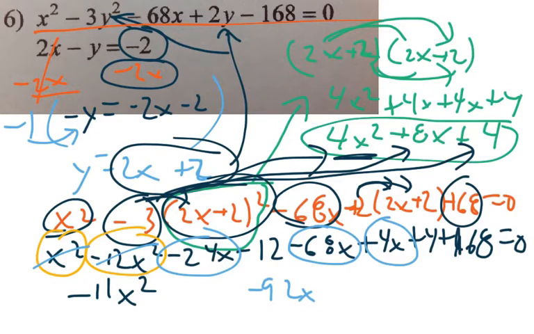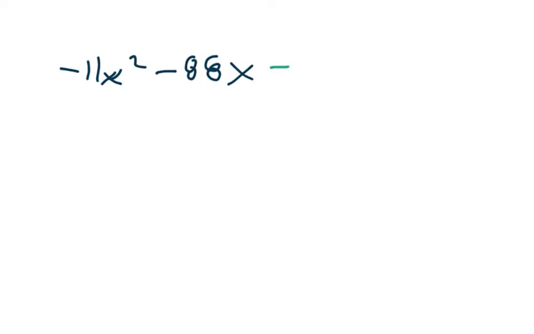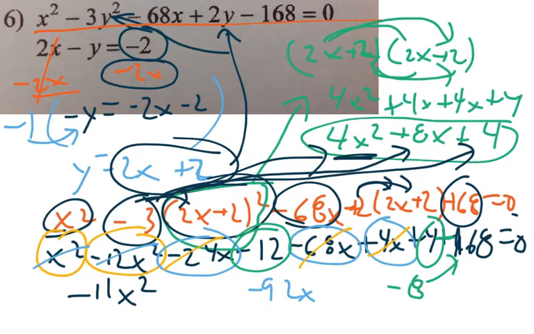Now that that's done, I have just the numbers. I have a negative 12 there, plus 4 is negative 8. That right there, I think I must have made a little mistake, was a minus 168. I'm pretty sure that's right. So together, that's a minus 176. It all equals 0, as shown there. Again, guys, I know it's a little bit illegible at some points, but hopefully I was speaking it correctly.